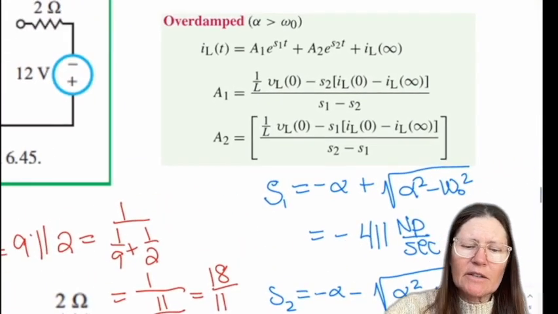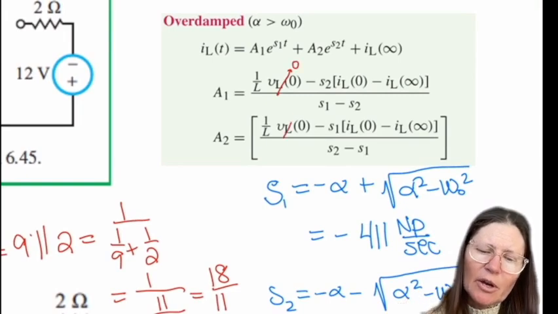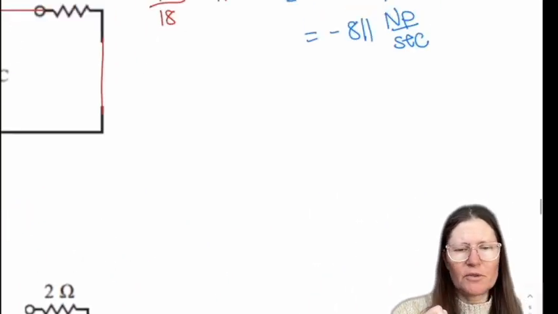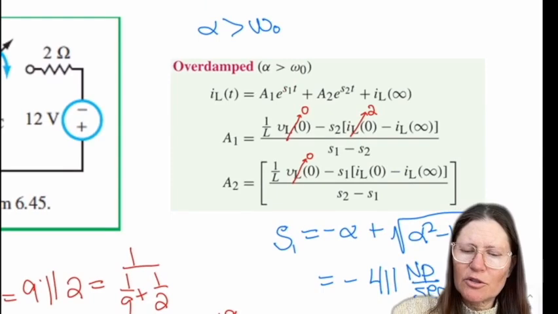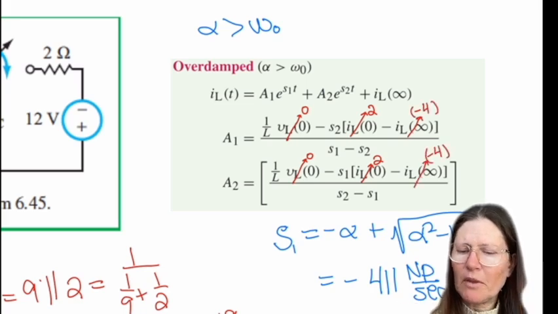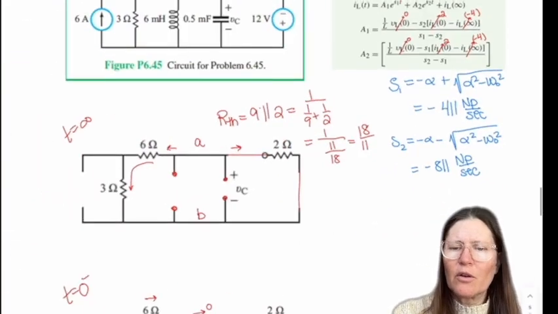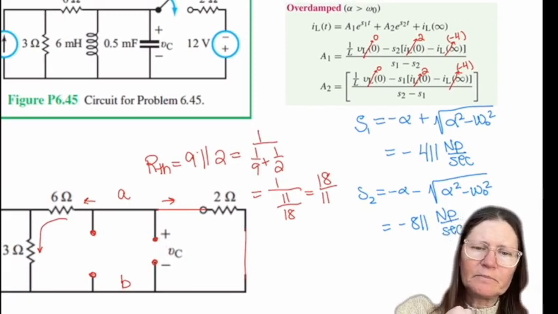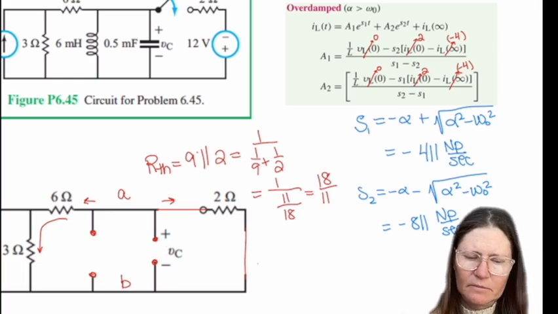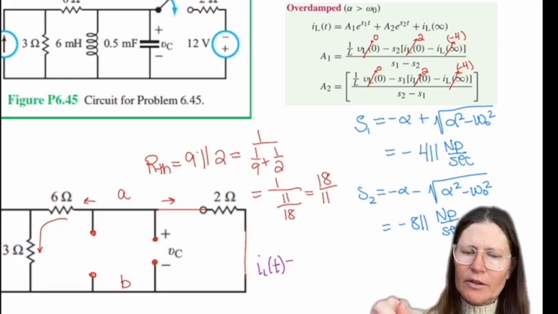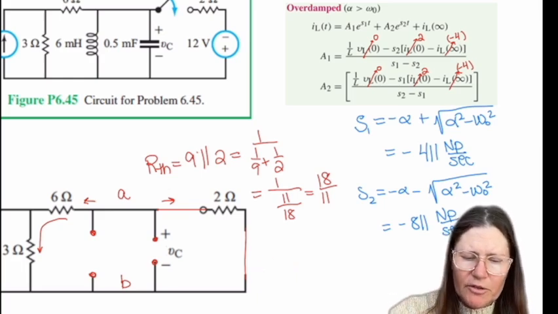So going back to this, we had VL of 0 was 0. This was 2, I think. Yep, 2 amps for the initial. And then this one was a minus 4 and a minus 4. So plugging these in now, actually, I'm going to go backwards and do A1 first.